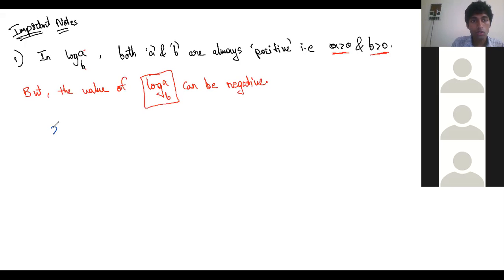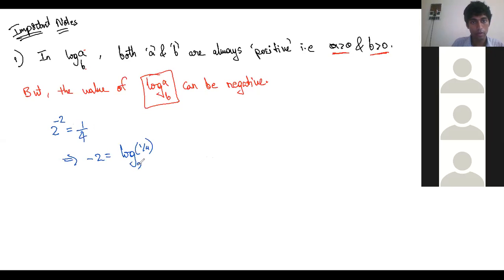What is 2 to the power minus 2? 1/4. Now, if I want to write this in a logarithmic form, what can I say? Minus 2 is equal to log 1/4 base 2.